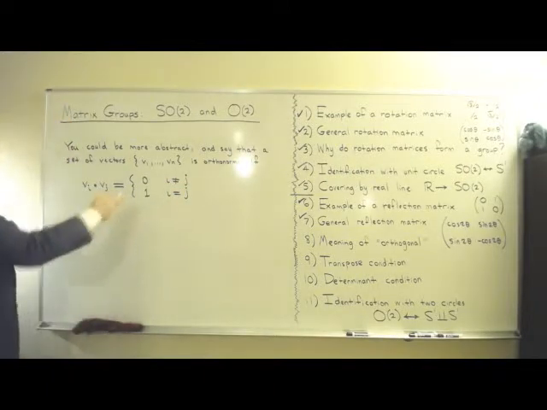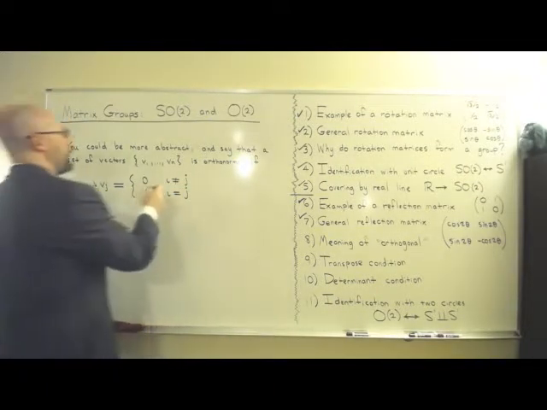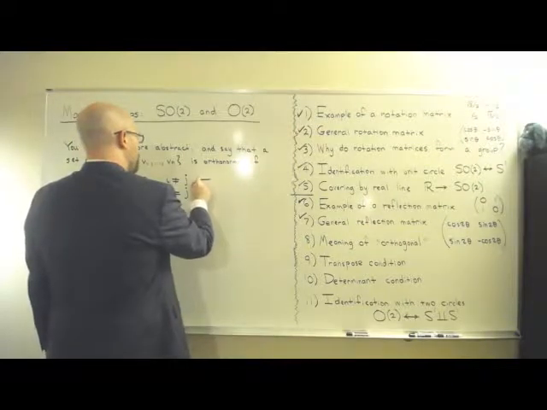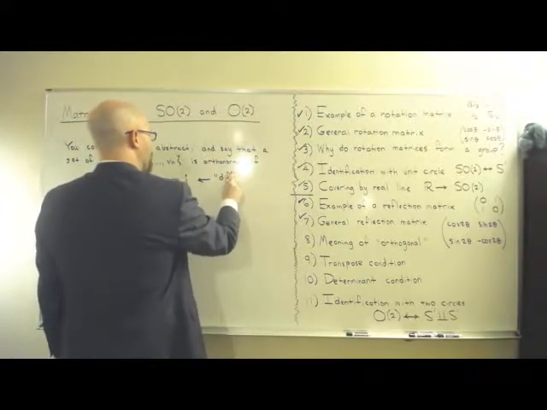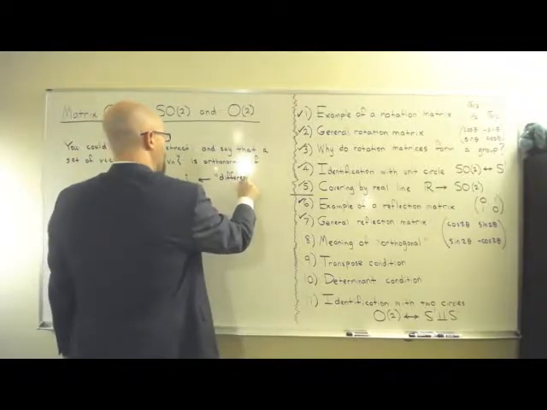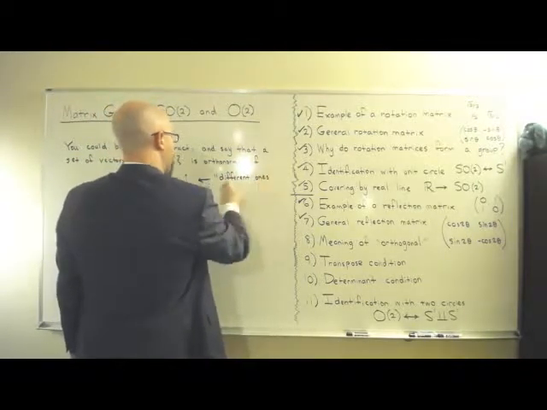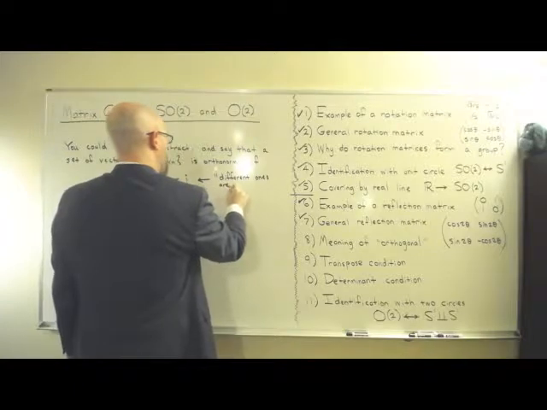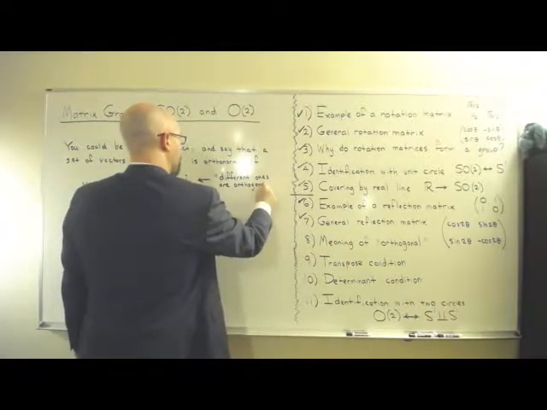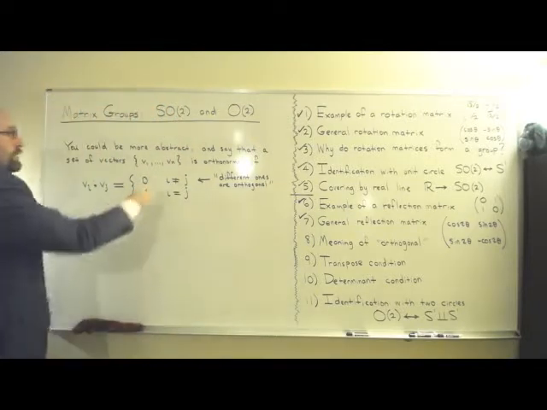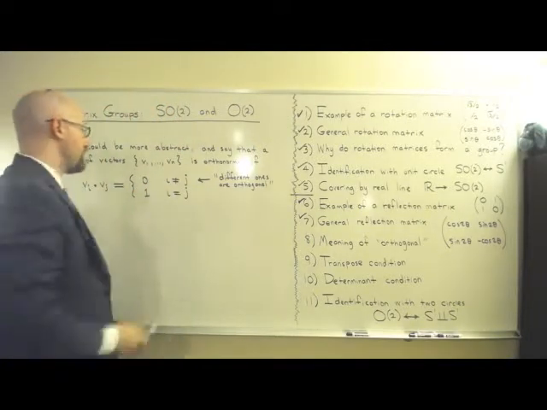So what's the significance of this? Well, this first condition is saying that different ones are orthogonal. So if I take different vectors, they'll be at right angles to each other.